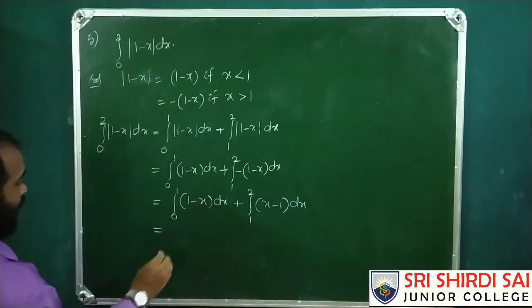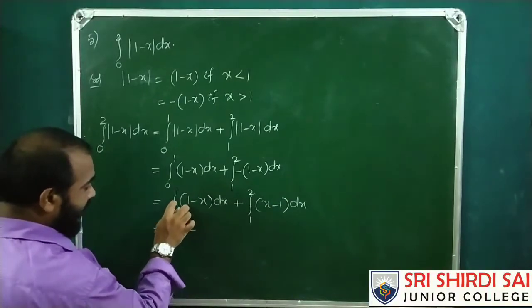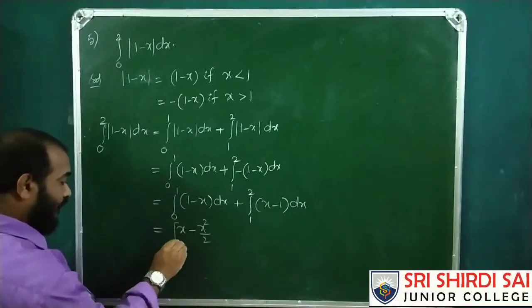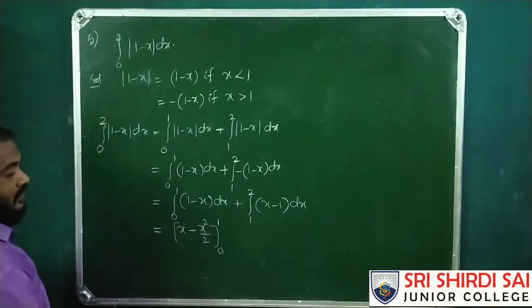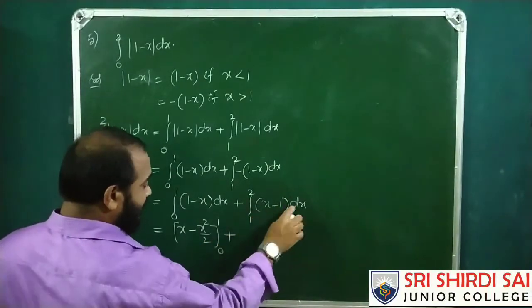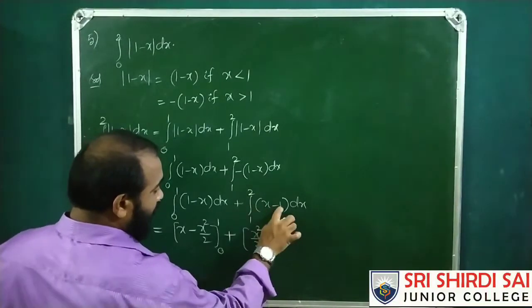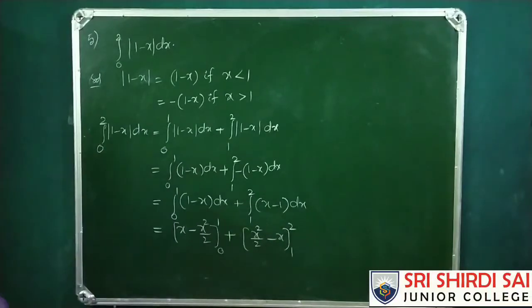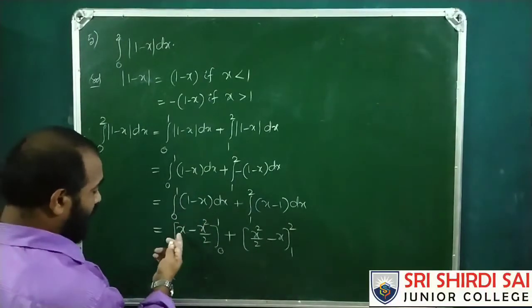Okay. Now integral 1 dx is x minus integral x dx, which is x square by 2. Since the process of integration is over, we need to apply the limits here. Plus integral x dx is x square by 2 minus integral 1 dx is x, with limits 1 to 2. Substitute the upper limit minus lower limit wherever you find x.